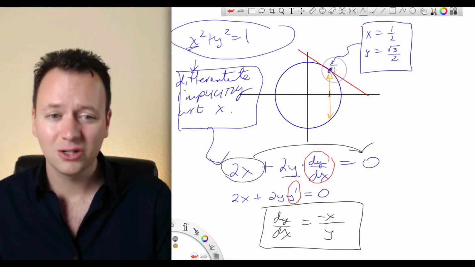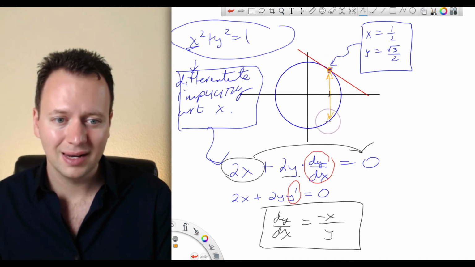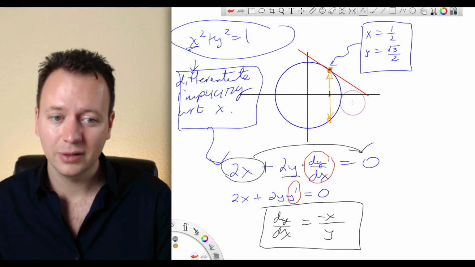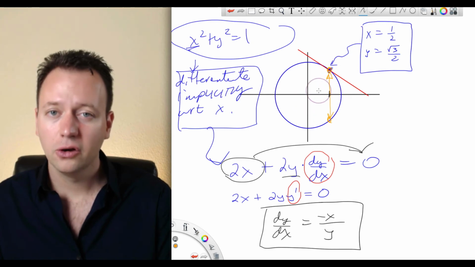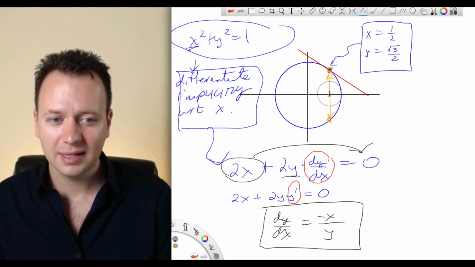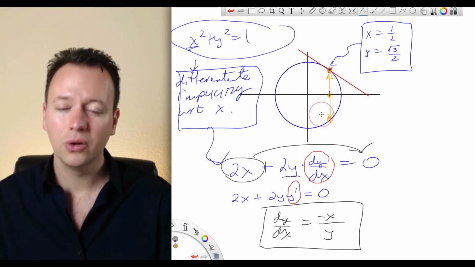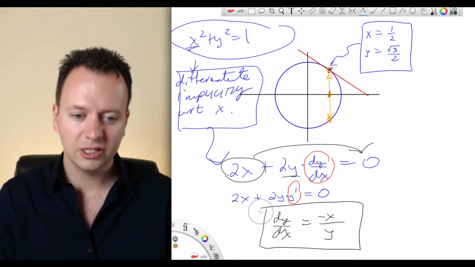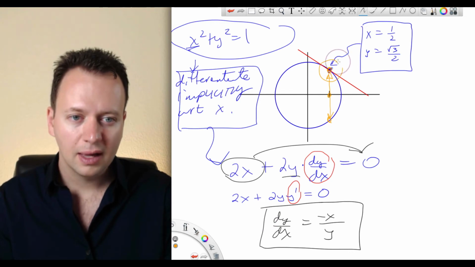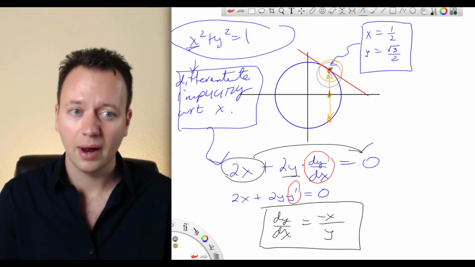Now obviously the slope is going to be different up here than it is down there, because here the slope is decreasing and here it's increasing. So depending on which point you are on the circle, you're going to get a different slope. Even if you have the same x value, you need to also specify the y value to have the derivative. So this is basically the local derivative in the neighborhood of one of the points on the graph.